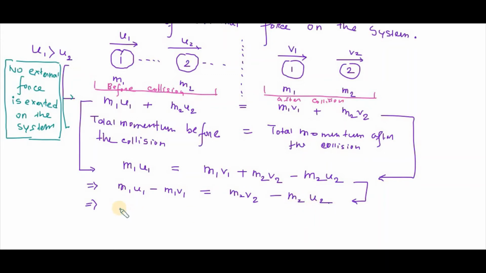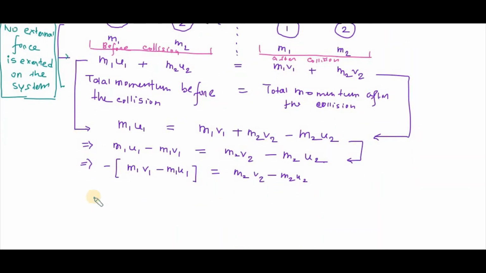Now we can take the negative sign as common and write m1v1 minus m1u1 equal to m2v2 minus m2u2.